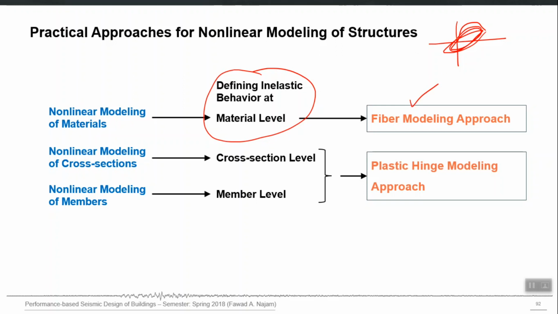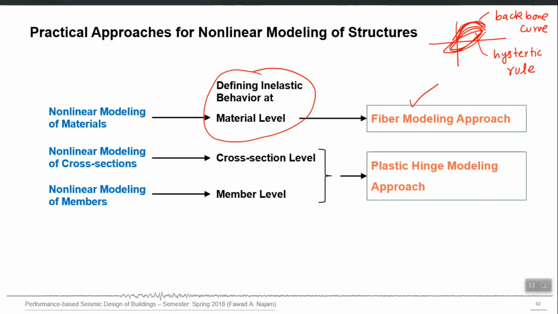So the main monotonic behavior is called the backbone curve, and the reloading, unloading behavior is called hysteretic behavior or hysteretic rule. So the complete nonlinear behavior is defined by both of these things, not only one curve.